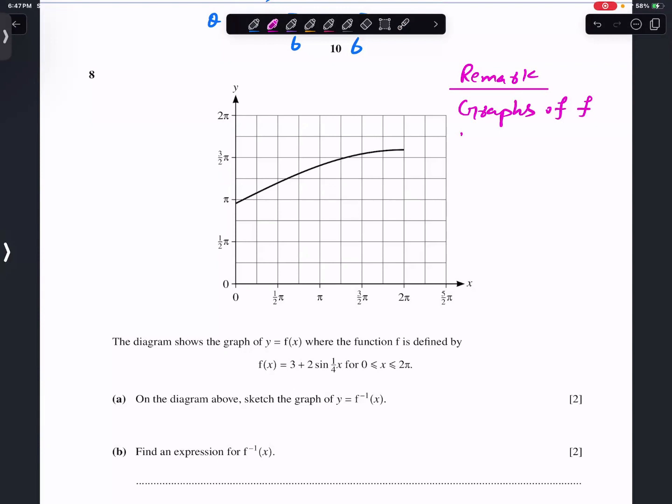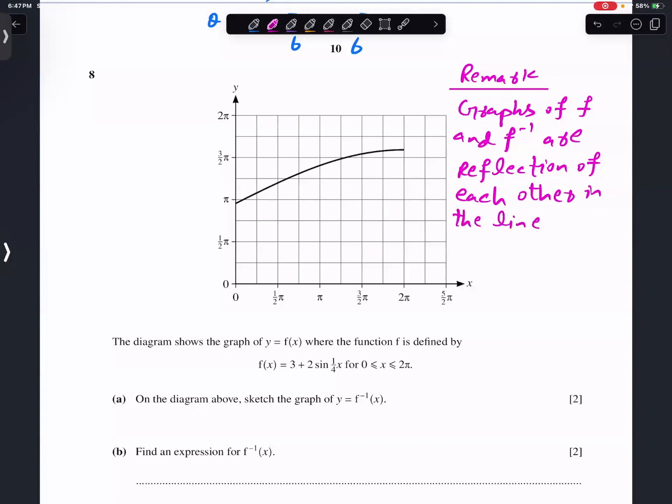Graphs of f and f inverse are reflections of each other in the line y is equal to x.